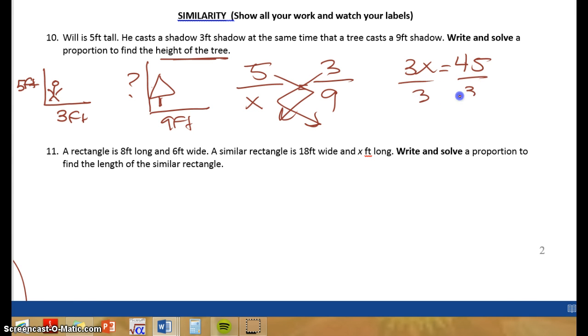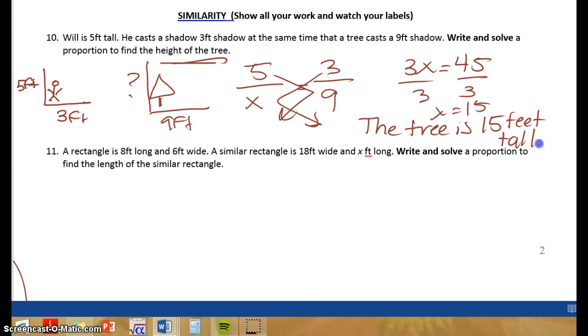Divide each side by 3. And the x ends up being 15. So the tree is 15 feet tall. Complete sentence, complete thought.